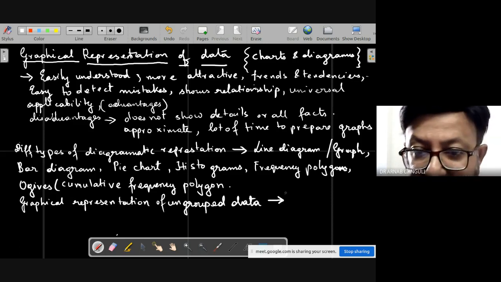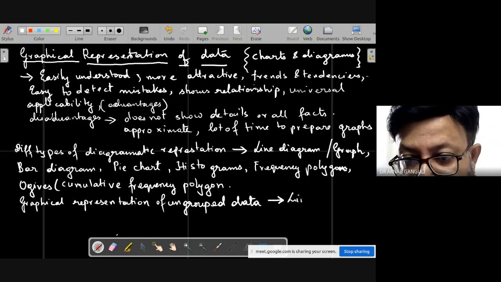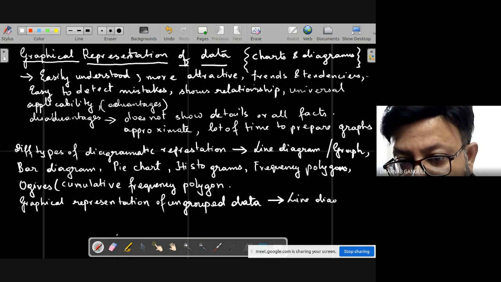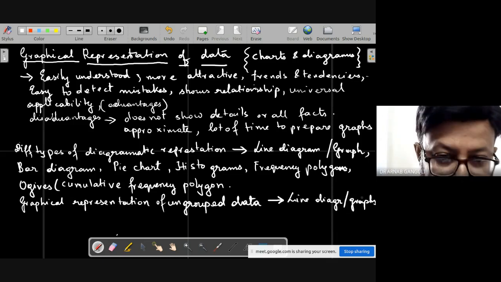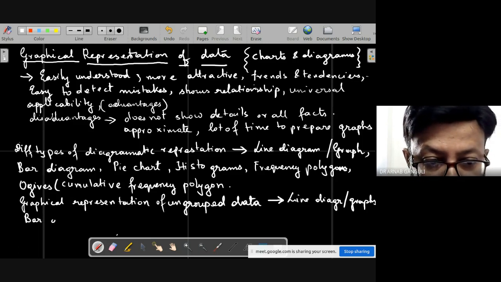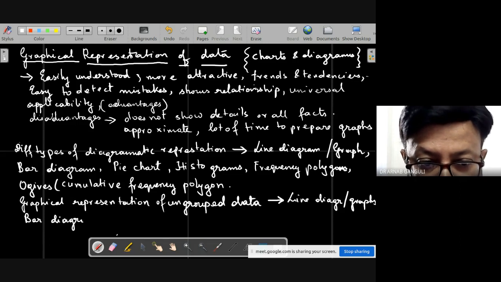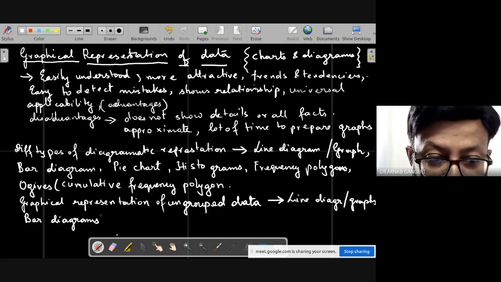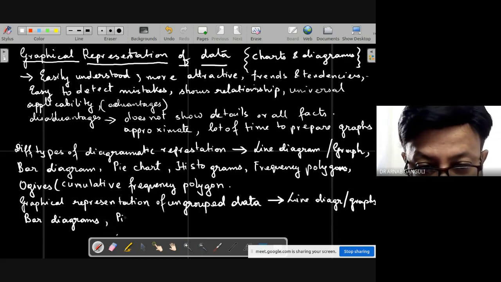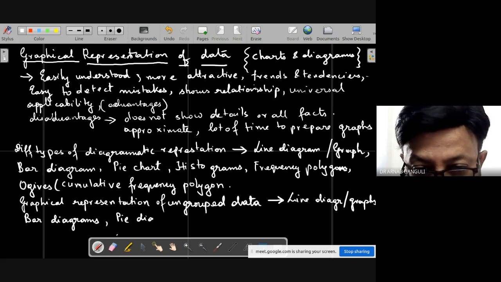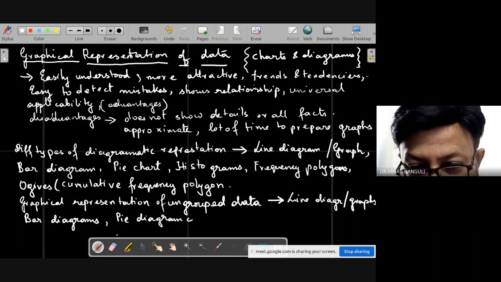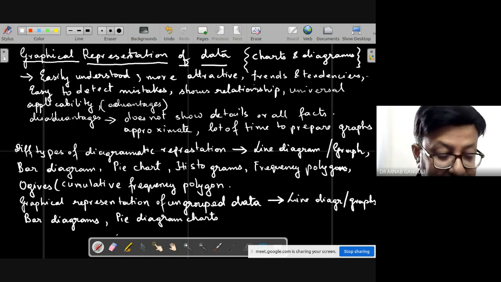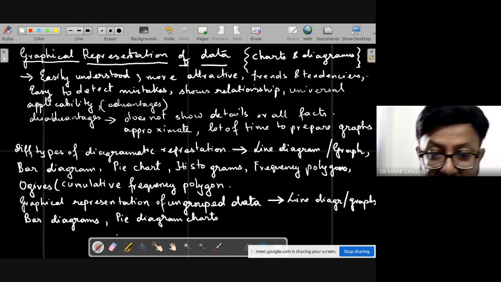First is line diagrams, graphs. Then you can use bar diagrams. Then you can use pie diagrams or charts. Then pictograms.